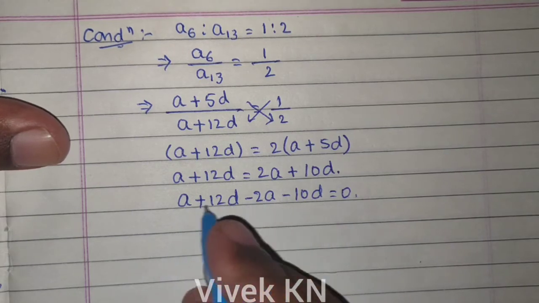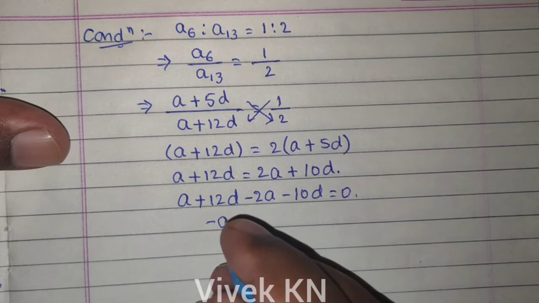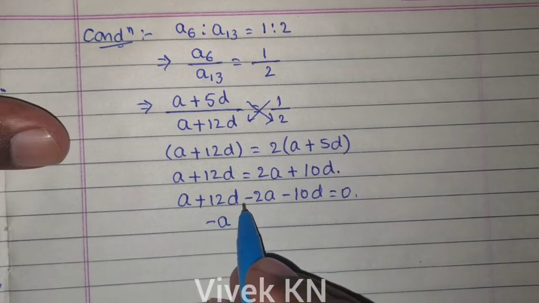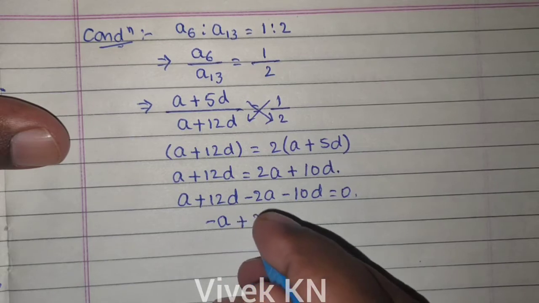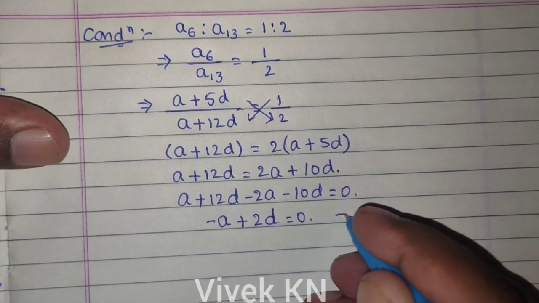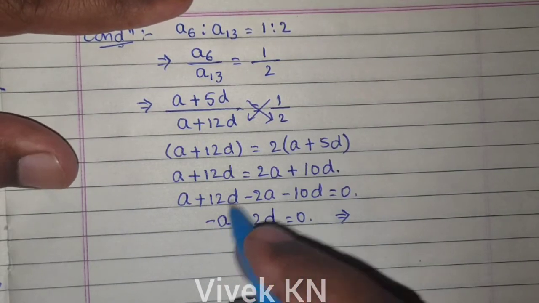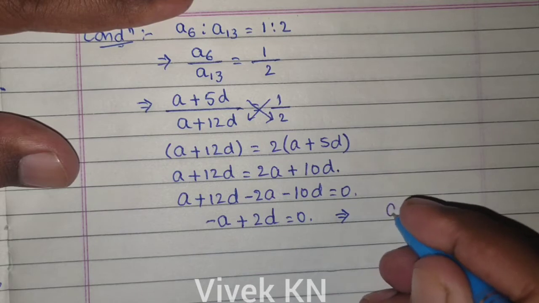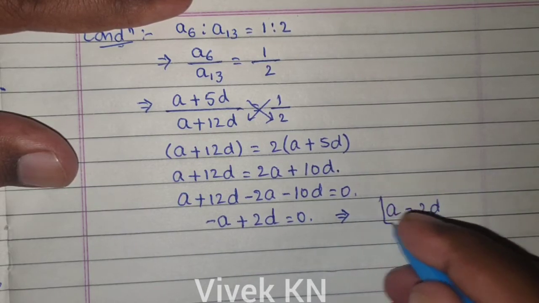Here minus 2a plus a is minus a, and plus 12d minus 10d gives plus 2d, which is equal to 0. Shifting this minus a to the RHS, we get a is equal to 2d.